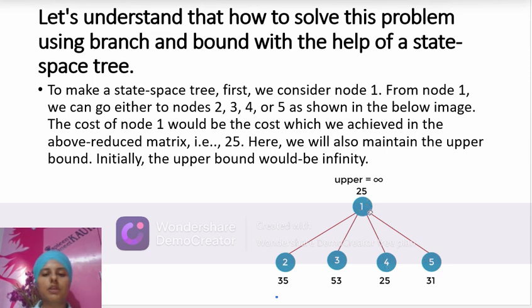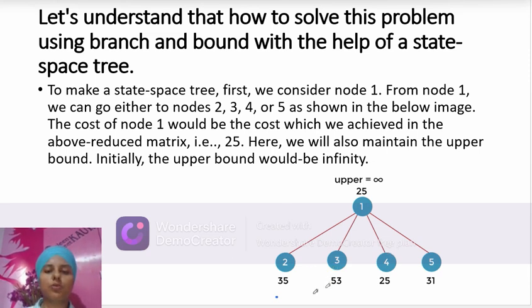Now we will be easily able to find out this, because for 1 to 4, we will be making all of the first row infinite and the fourth column infinite, also 4 to 1 as infinite, and we will be finding out the minimum from row and column, and then we will be calculating the cost using the formula: 1 to 4 cost plus the reduced cost plus the reduced cost of the current matrix, right?